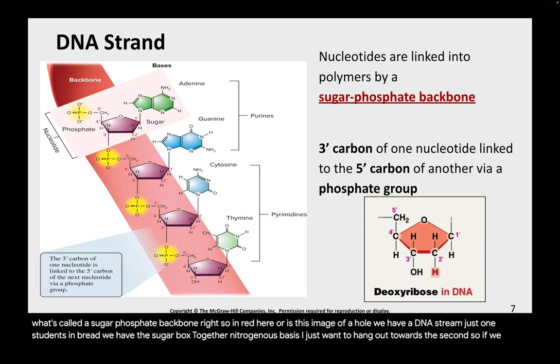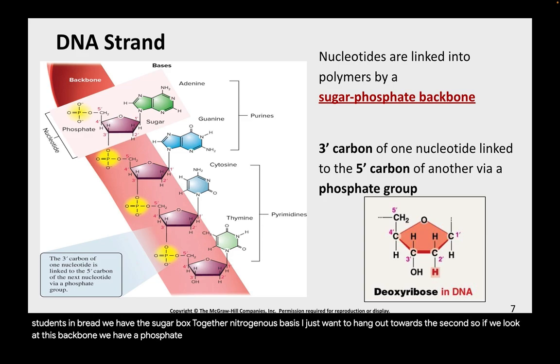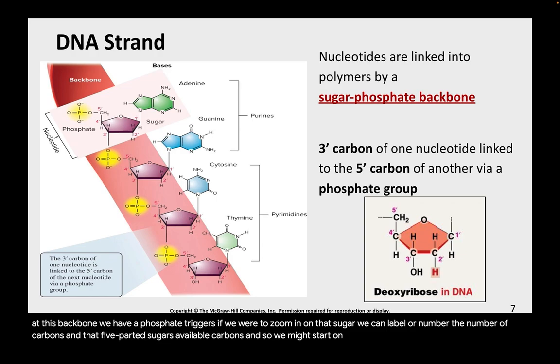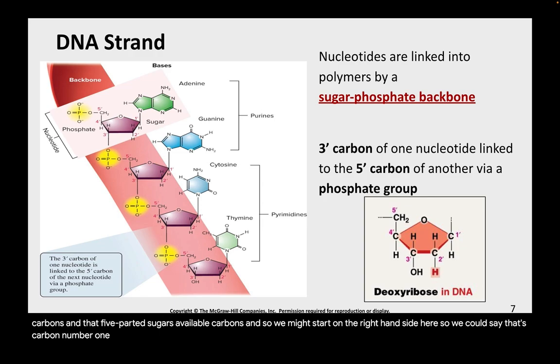So if we look at this backbone, we have a phosphate and a sugar. And a phosphate, sugar, phosphate, sugar, phosphate, sugar. If we were to zoom in on that sugar, we can label or number the carbons in that 5-carbon sugar. And so we might start on the right-hand side here. So we would say that's carbon number 1, or the 1' carbon, 2' carbon, 3' carbon.